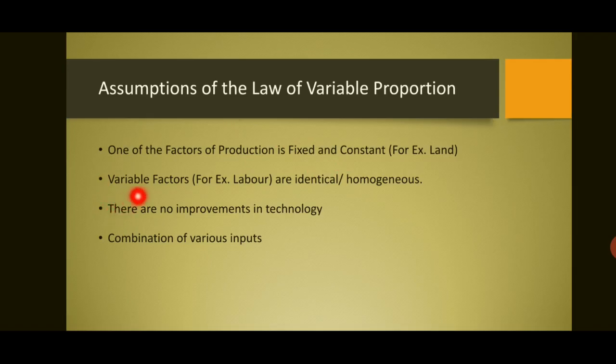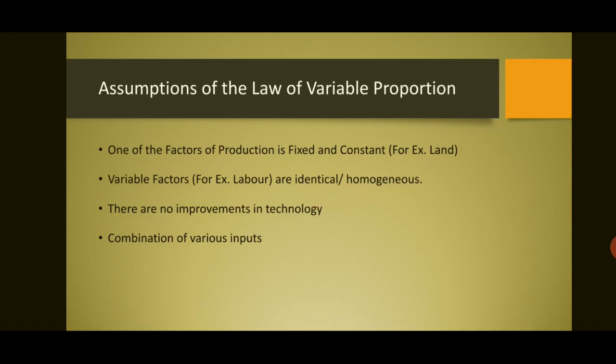Then the variable factors, here in our example labor, are identical and homogeneous. That is, even if we increase by one labor, we assume that each and every labor has the same capacity.